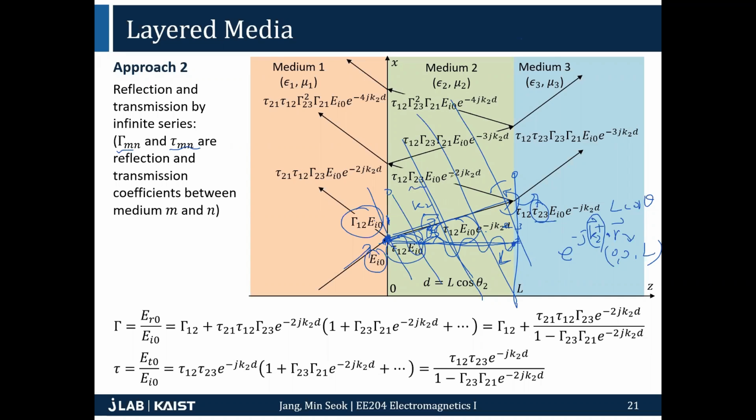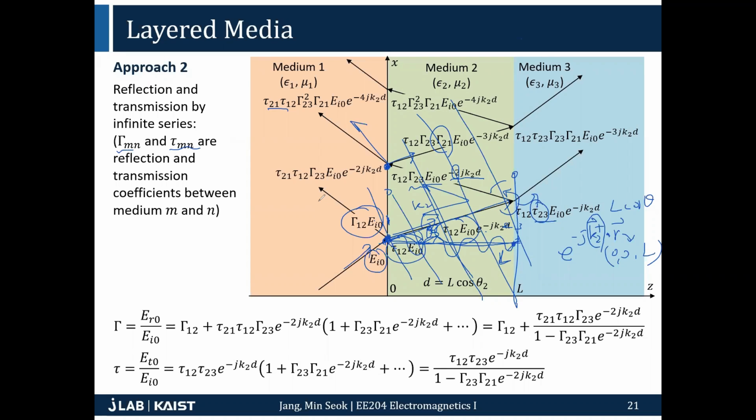And then when this wave arrives at this boundary, you need to take into account the propagation. So now you're propagating twice, so you need 2 here. And then after it arrives here, there's another transmission, which is tau 2,1, and then another reflection, gamma 2,1. And so on and so forth, going forever.